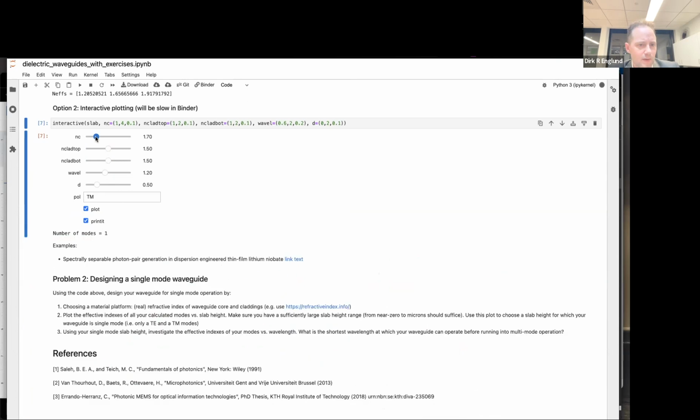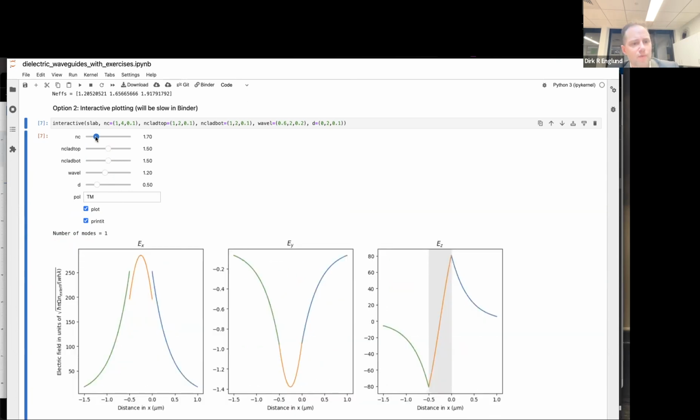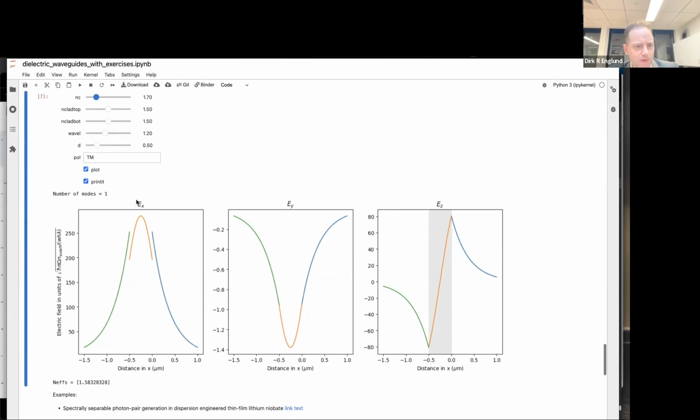Okay, so here we go: if we have a refractive index of 1.7 surrounded by a refractive index of 1.5 at a wavelength of 1.2 micron with a width of 500 nanometers, we have one mode for the TM mode.